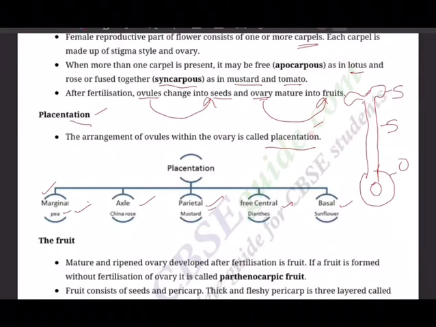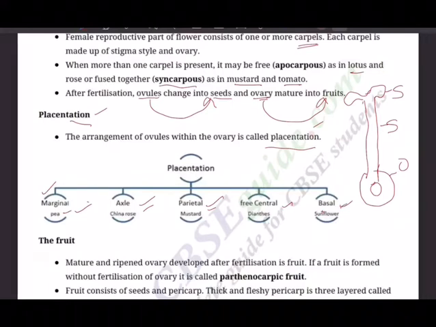Third one, axial placentation. As the name suggests, in axial placentation, the placenta is axial and ovules are attached to it. This includes China rose, lemon and tomato. Next, basal placentation. The ovary in which the placenta develops from its base and a single ovule is found attached to the base is said to have basal placentation.